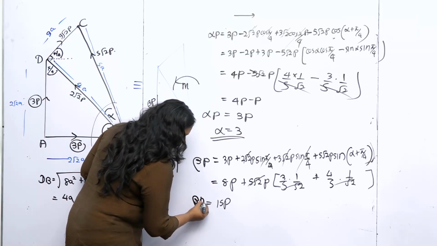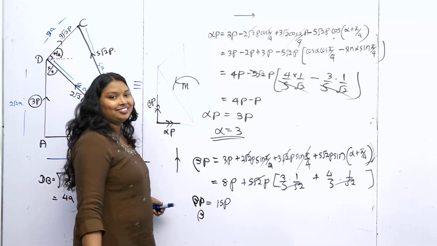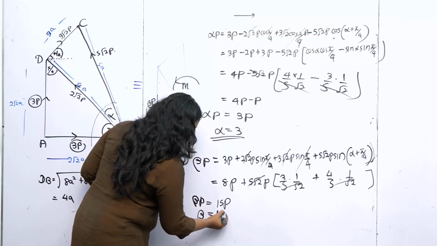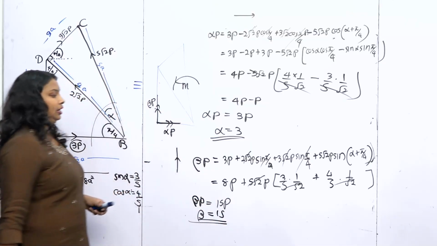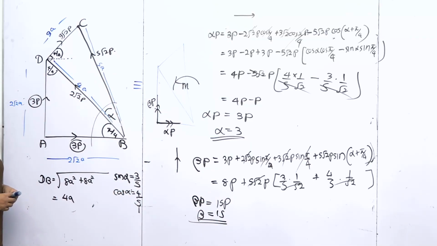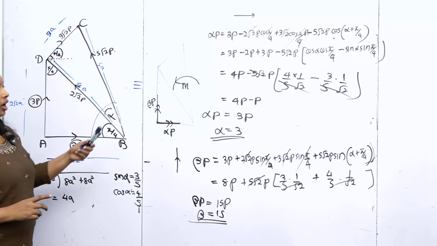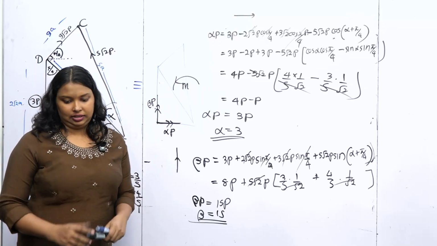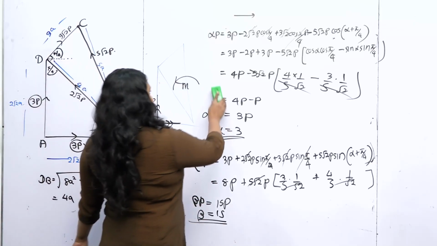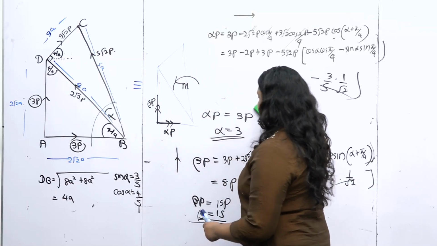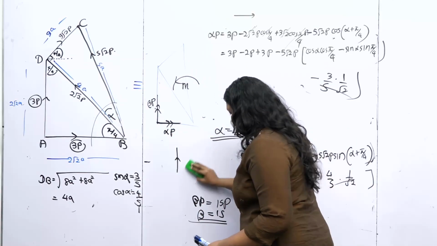Beta p and then we can write, okay, we can write beta equals to 15. Beta equals to 15. Is it clear? Right. Then how about this taking moments thing? Okay, now I will erase these things. I found the value of alpha and I found the value of beta.